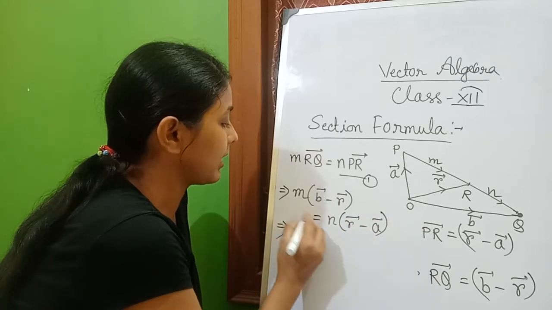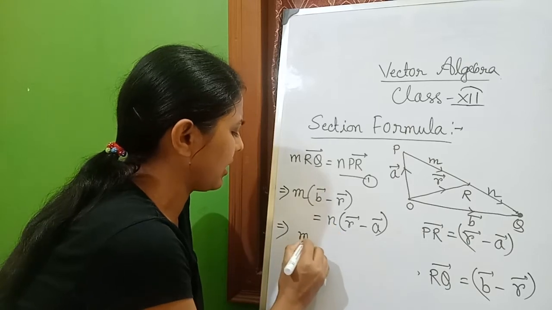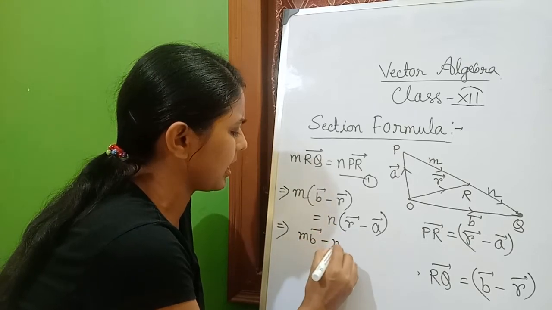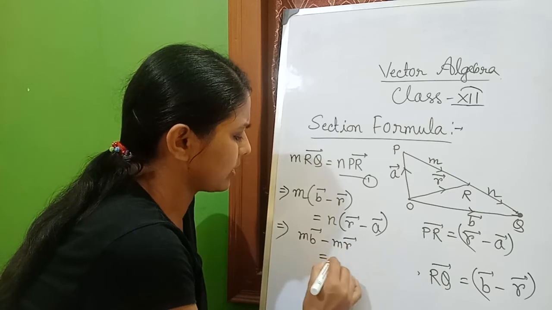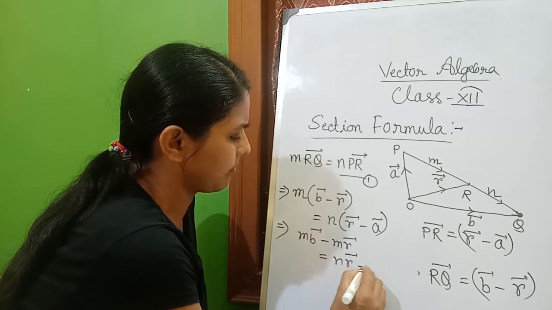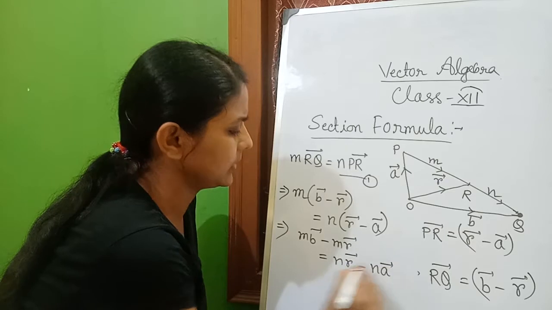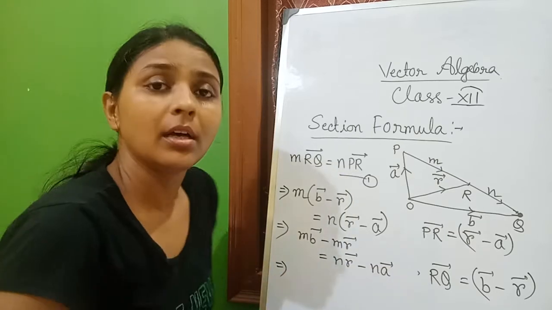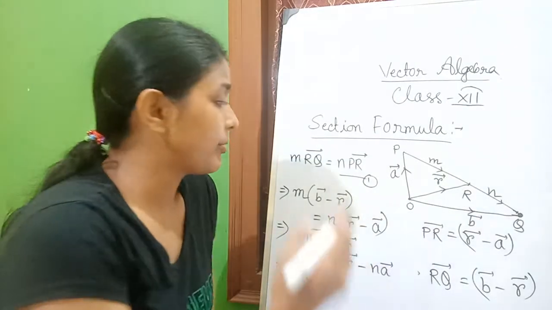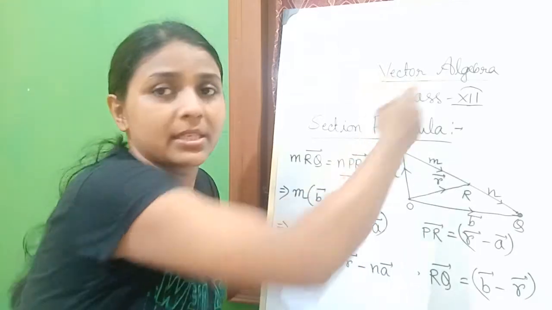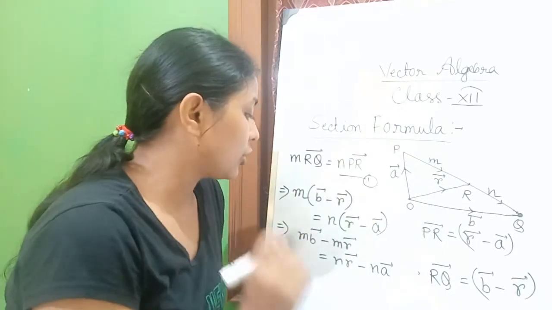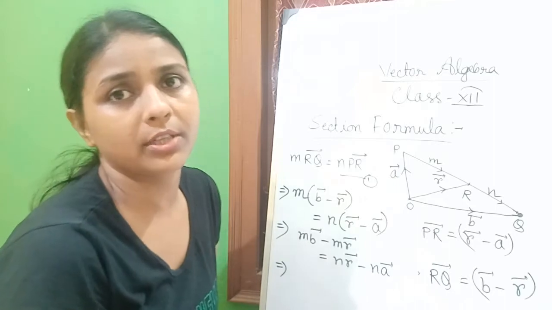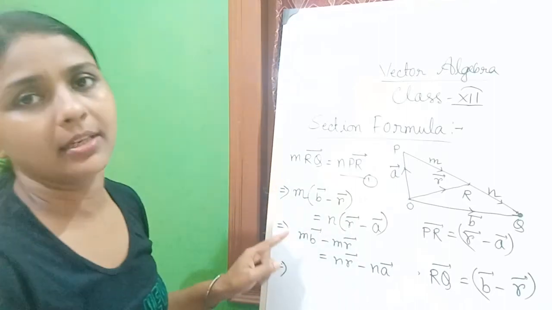From this, we can simplify: M B vector minus M R vector equals N R vector minus N A vector. I have been telling you from the very first day of the vector algebra chapter, don't forget to give the vector sign, okay?